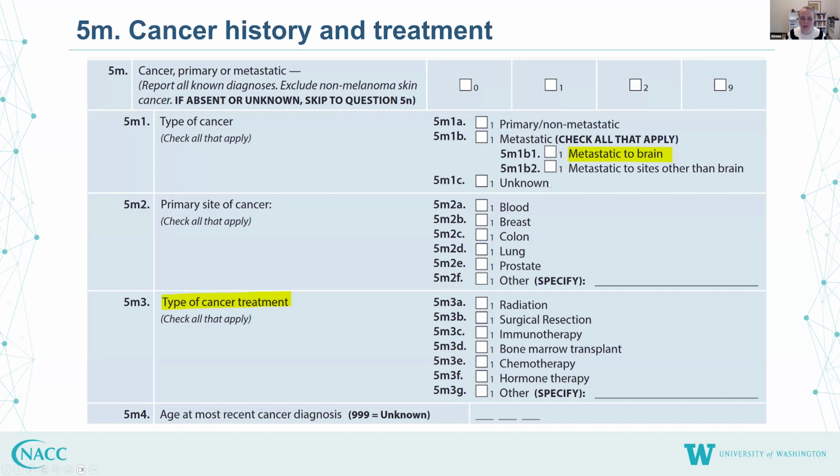And again, more than one can be checked here. Check the primary site of cancer and the type of cancer treatment and the age of the most recent cancer diagnosis. This form may get complex if the participant has more than one type of cancer. And in that case, the researcher should code all that apply.